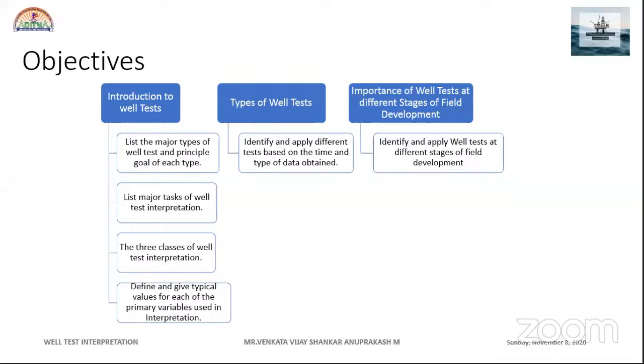There are three classes of well test interpretation, which we'll discuss in the coming time. And the last point is that you will be able to define and give the typical values for each of the primary variables used in the well test interpretation.